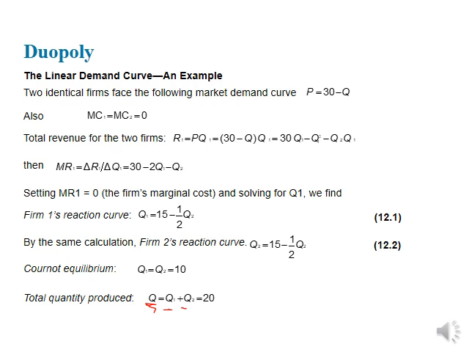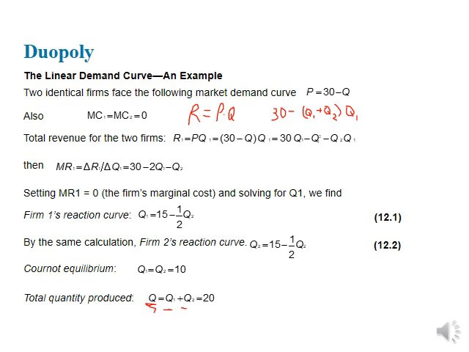So revenue, and we're going to say for firm 1, but it's equivalent, is price times quantity. Price is 30 minus Q. And Q is Q1 plus Q2. And we're only talking about revenue for firm 1.